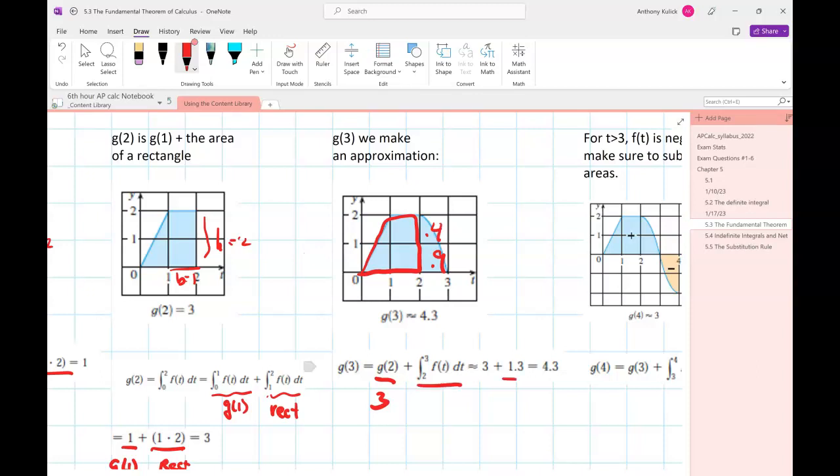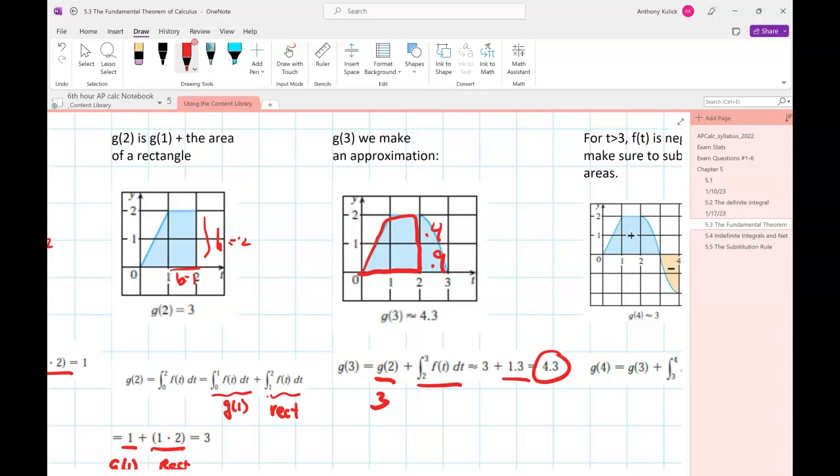So this integral is just 1.3, approximately. Close enough for us. Everybody happy with that? Okay. So my value for g of 3 is 4.3: 3 from g of 2 and 1.3 from that new piece that we just extended on. Everybody happy with that?